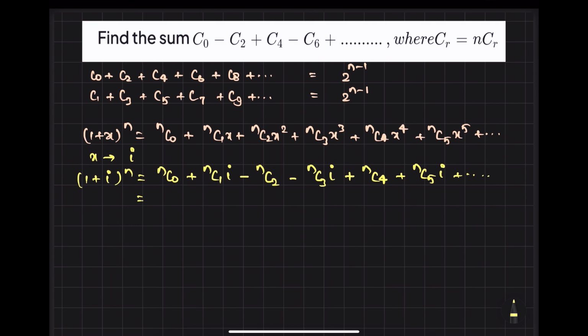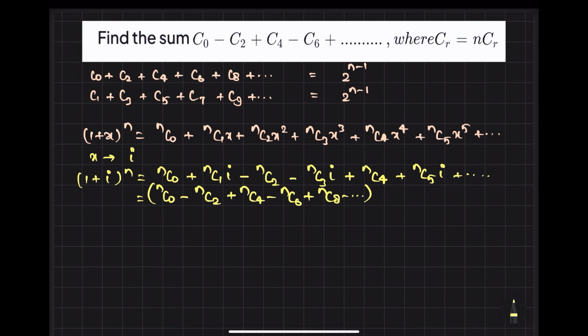Now look at this. You know that this is a combination of real number and complex number, so can I club them? I'll write all real terms together: nC0 plus nC2. In front of nC2 we have a minus sign, then nC4, then nC6, then nC8, and so on.